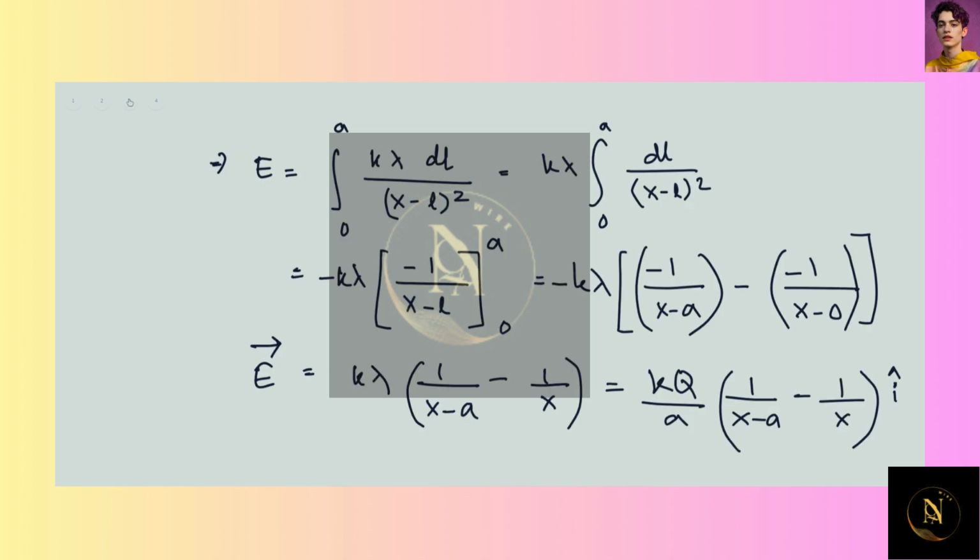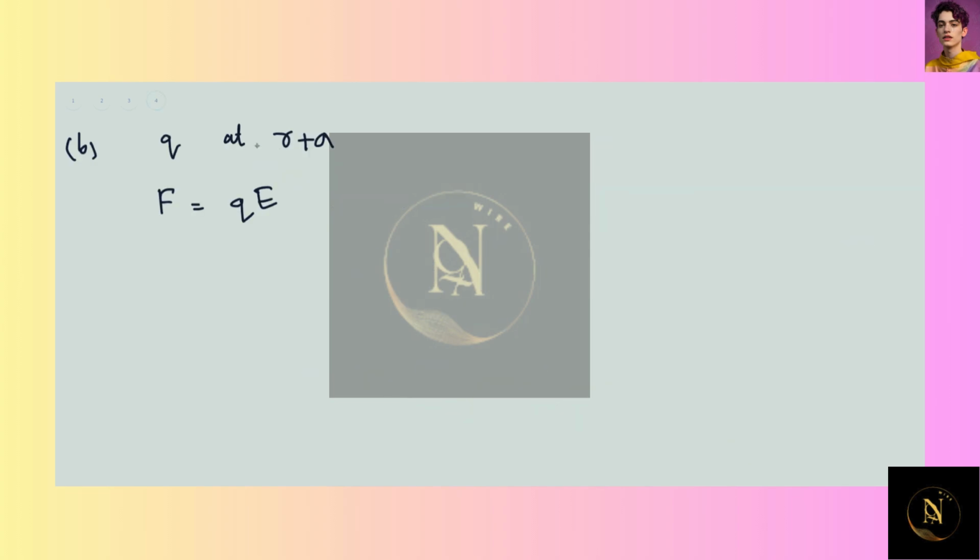The force will be equal to q times the electric field at this point, which is r plus a from the origin. Since we already have an expression for the electric field at a distance x from the origin, we can substitute x as r plus a, and multiplying that with q will give us the force.